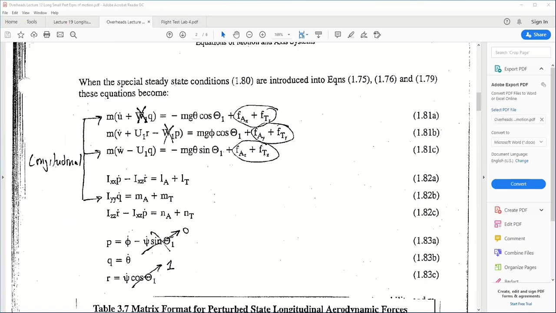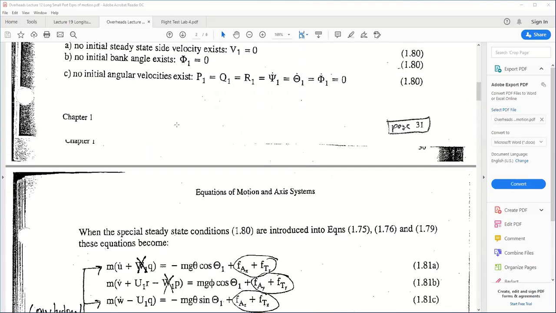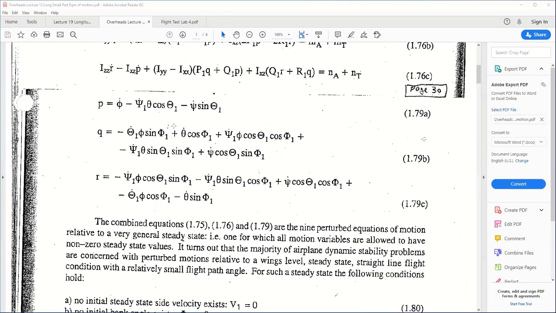Notice these were not for stability axis, so W1 is knocked out. And eventually we'll say, well, we're going to do this for level flight, so theta 1 is 0. But we can leave that in for now. But notice that Q is theta dot, and that makes it really simple. That's because there's no bank angle. So in the kinematic equations up here, the bank angle terms go to 0.